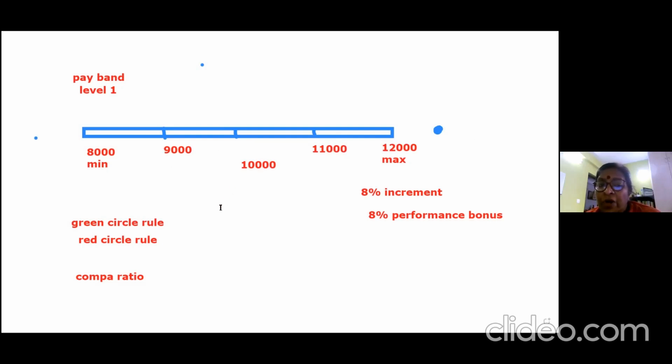It gives you the ratio of your salary vis-a-vis the midpoint. How much are you into that grade vis-a-vis the midpoint?